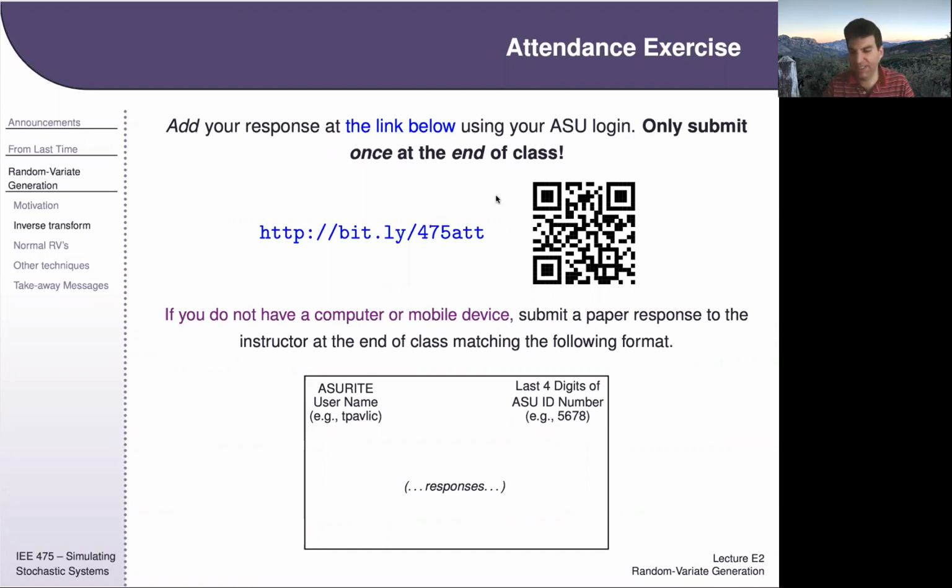So with that, I'll put the attendance question today, and here's the URL I'll put in the chat. So try to think back. The question is, if you wanted to change the seed of a random number stream in ARENA, where would you go to find the seeds element?